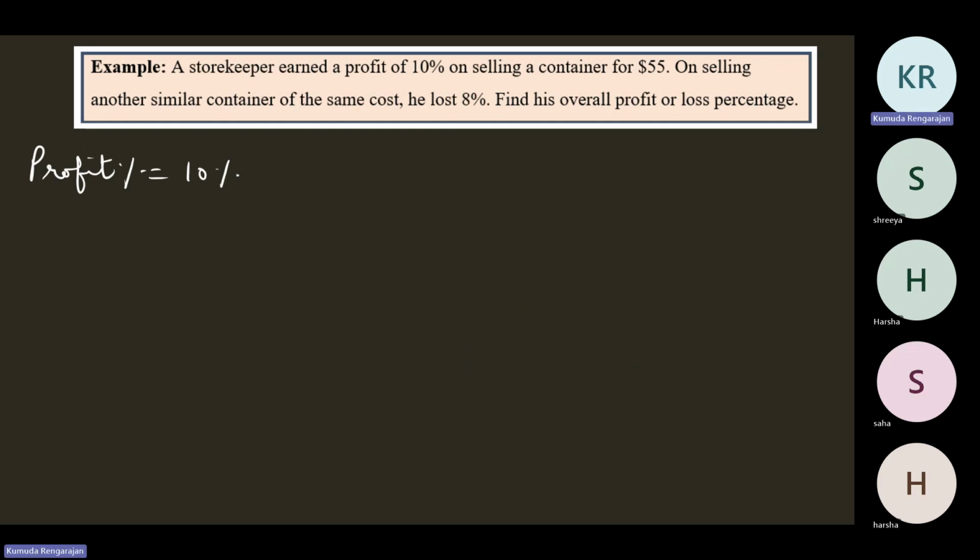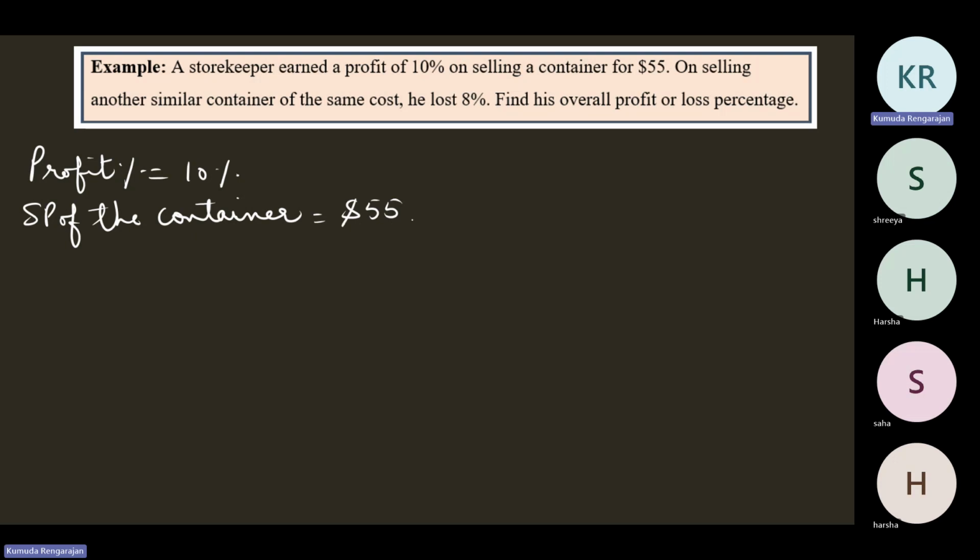A storekeeper earned a profit of 10% on selling a container for $55. So selling price of the container is equal to $55.